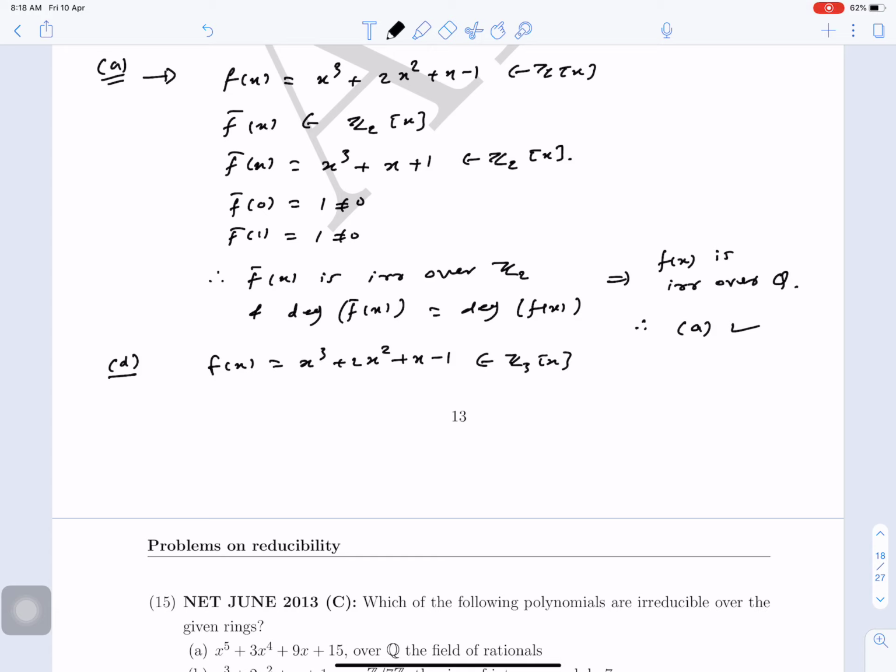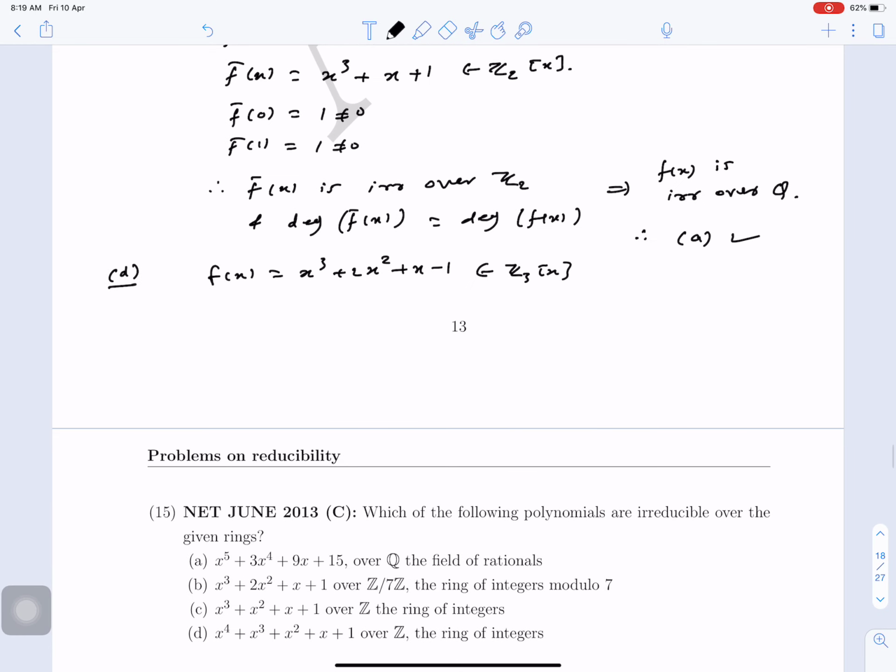So the degree of f(x) is 3, and to check whether it is reducible or irreducible over Z3, it is enough to check whether it has a zero in Z3 or not. Z3 contains 0, 1 and 2.